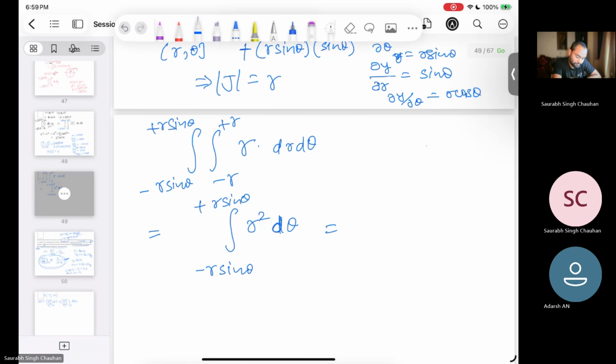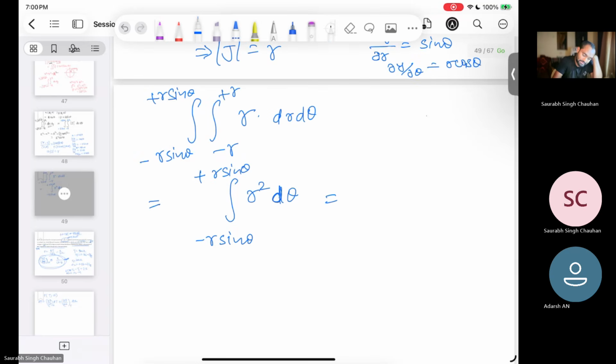Here r is constant, so we are only integrating with respect to theta. So it will be r square into theta. But where we had pi, from where will we get pi?